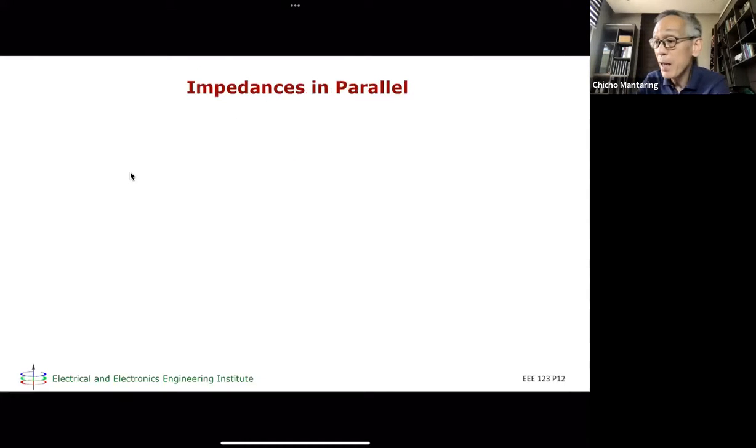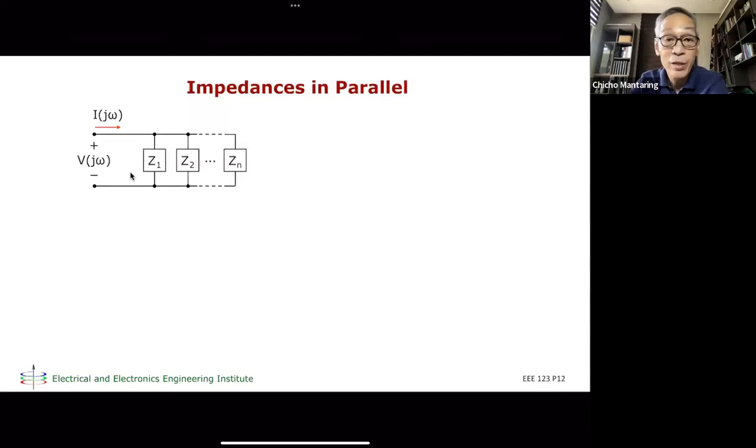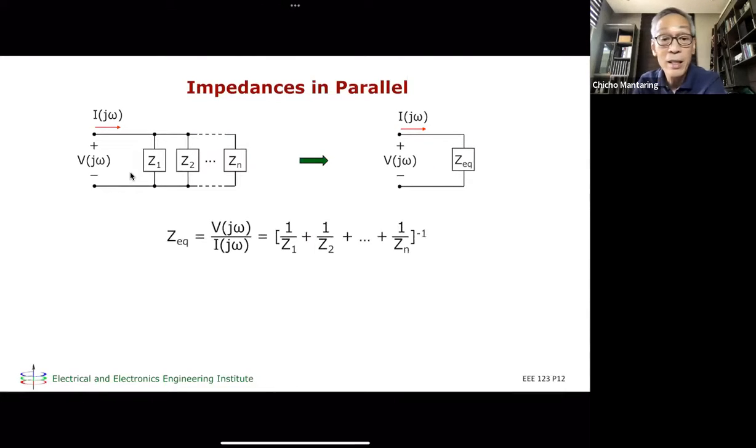Pag impedances in parallel, so ito yung impedances naman in parallel. You have two impedances in parallel if they are connected at both their ends. So dapat connected sila both at this end and at the other end. So here you have n impedances in parallel. If I wanted to convert this to an equivalent impedance, ito yung magiging formula natin. Again, this is very easy to show.